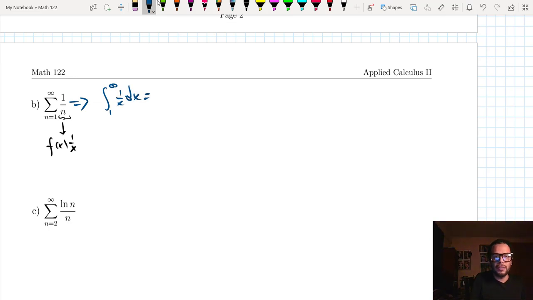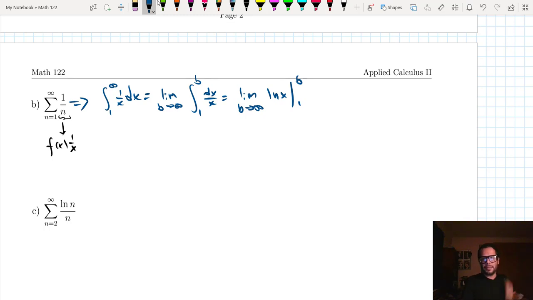Let me write this using limit notation: the limit as b approaches infinity of the integral from 1 to b, and this is going to be dx over x. When we integrate, we get the limit as b approaches infinity of ln of x from 1 to b.